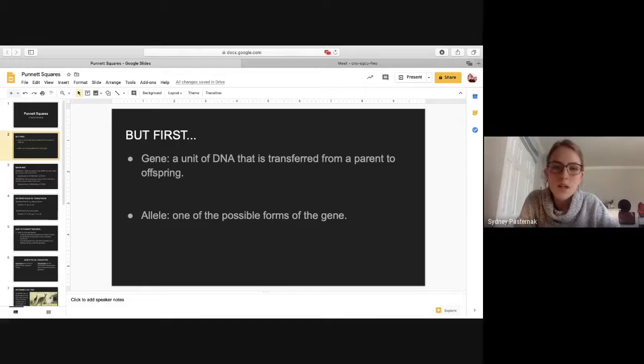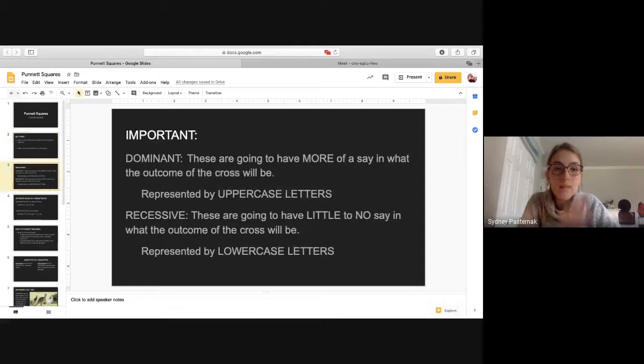Okay, so now we're going to talk about dominant and recessive. So we did talk about alleles. Alleles have two different types of things that they can be. They can either be dominant alleles or recessive alleles. And so a dominant allele, these are going to have more of a say in what the outcome of the cross will be.